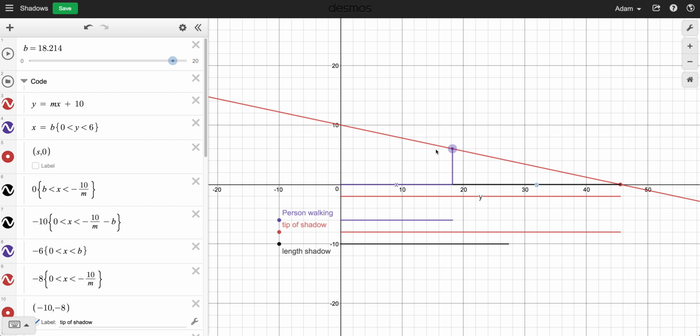Is that information about this distance x, about this distance s, as in shadow, or this distance y, which measures the distance from 0 all the way out to the tip of that shadow? So what are we given, and what do we want? So that's the first question. In fact, you might want to pause the video here and try to think about that and come up with a plan.